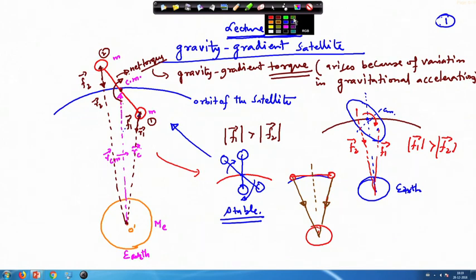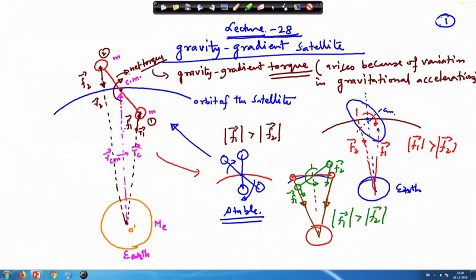So, once it is disturbed from this configuration and say it comes to this position after disturbance, then what will happen? You see that the force acting on this and the force acting on this, if this is F1 and this is F2, so F1 magnitude will be greater than F2 magnitude, and this will give it a net torque here in this direction.